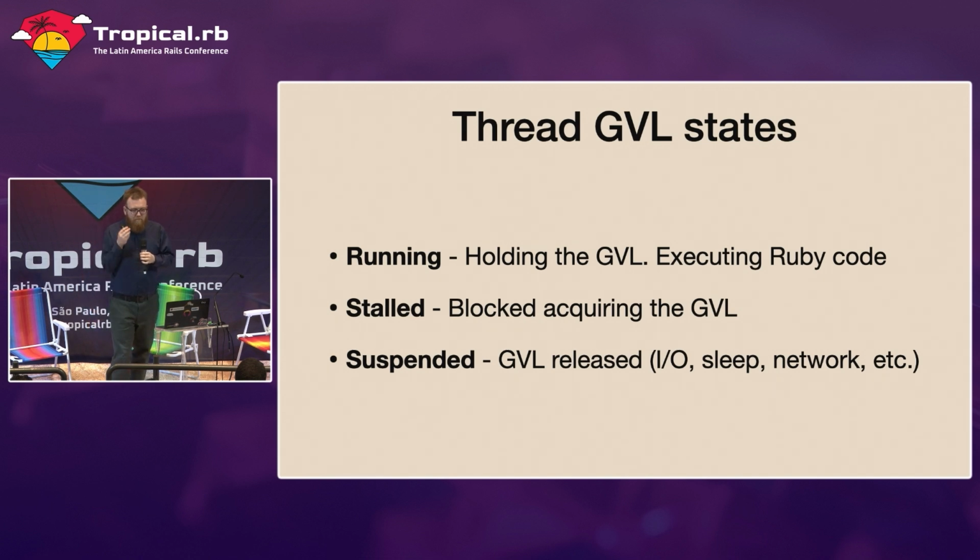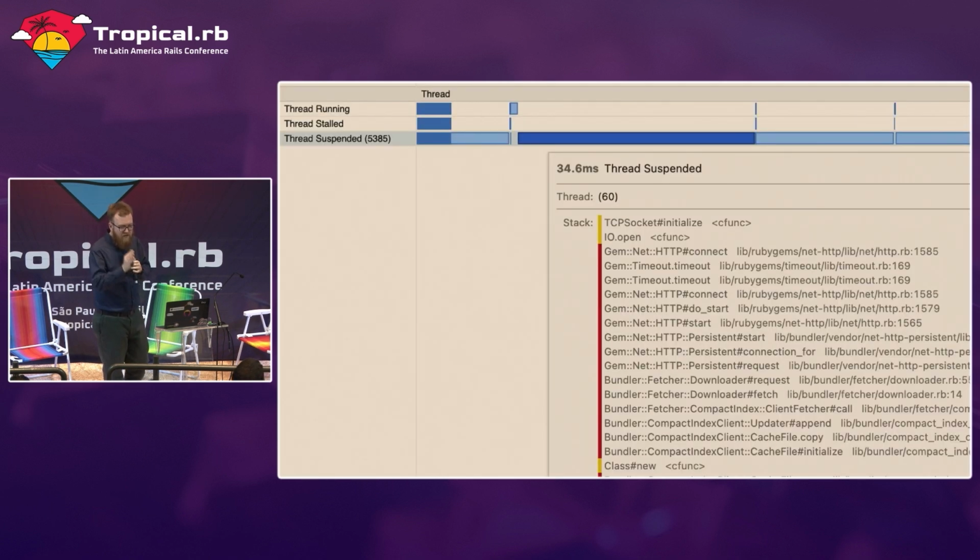And this was actually, I think this might be the accidental best feature of Vernier. Logging all of these times the thread ends up suspended actually ends up showing us every time our thread does any I/O. Here we're seeing that bundler suspended the thread inside TCP socket initialize. So it's actually showing us, oh hey, bundler was making an HTTP request here.